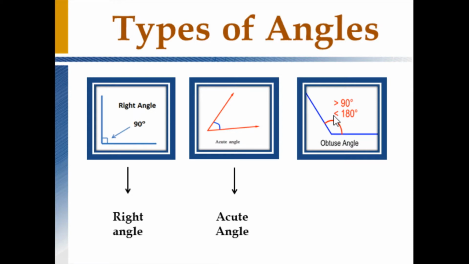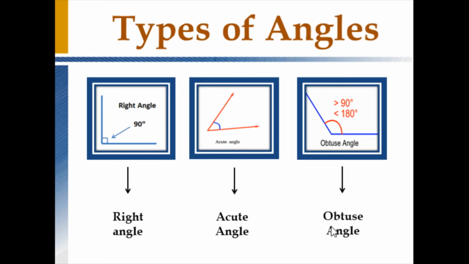What angle do you call it? Okay, very good. It is an obtuse angle. Again, an angle that measures greater than 90 degrees but less than 180 degrees is called an obtuse angle.